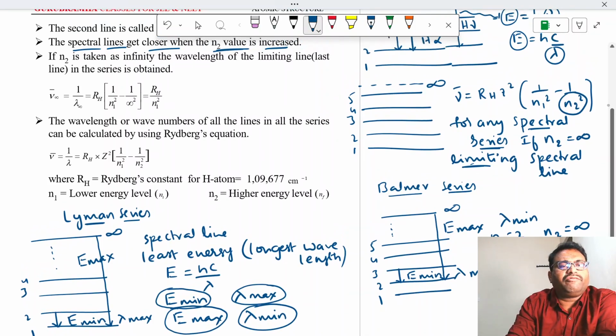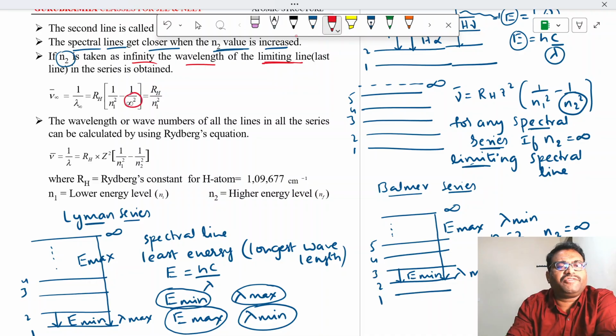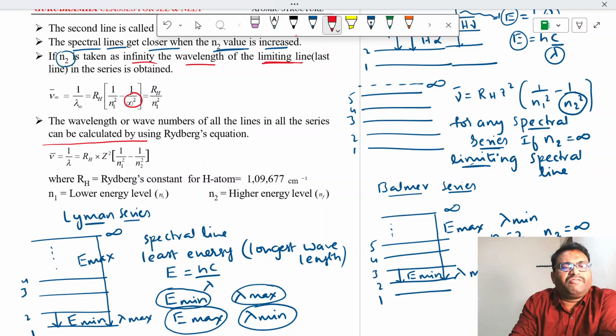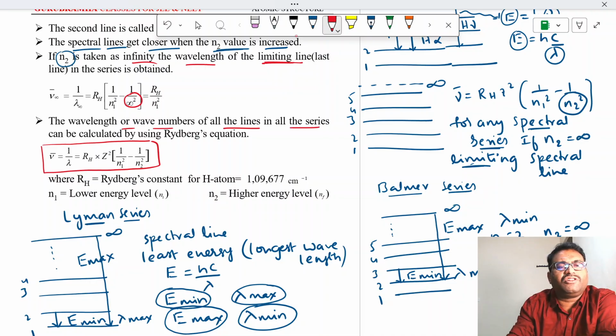So when N2 is taken as infinity, then the wavelength will be the limiting line. The wavelength or wave numbers of all the spectral lines in all the series can be calculated using the Rydberg equation or Rydberg formula.